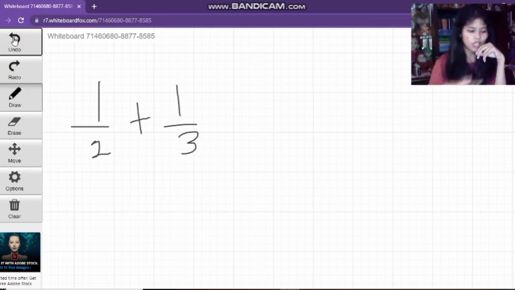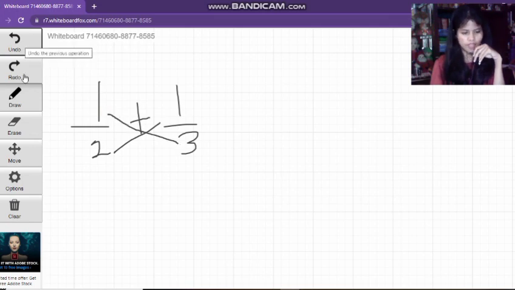We can do a cross multiplication between the first denominator and the second numerator, and do the same step between the first numerator and the second denominator.